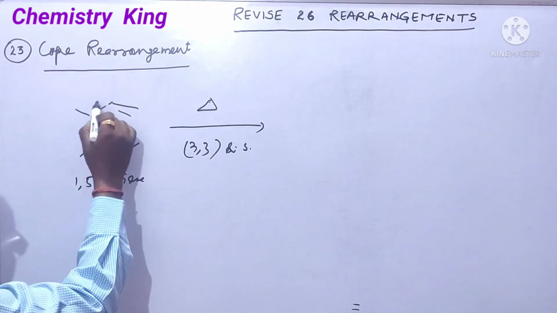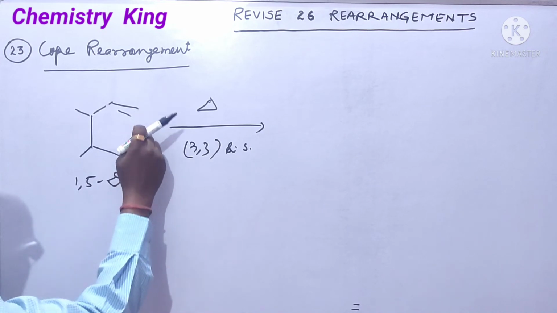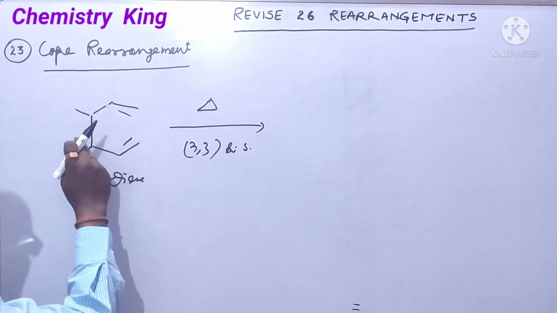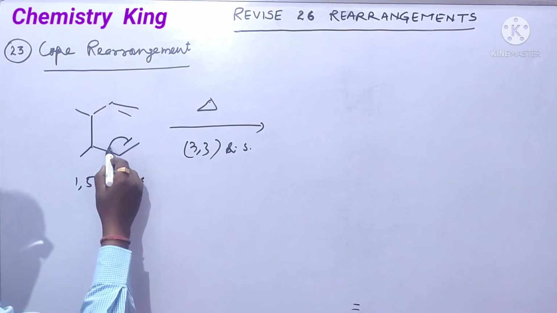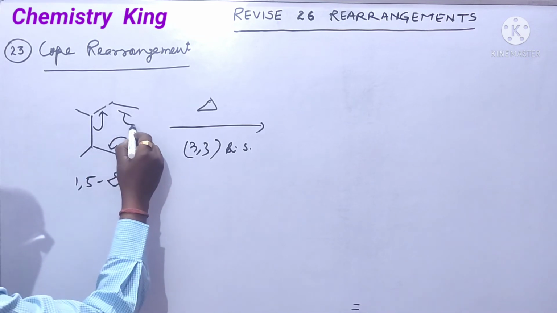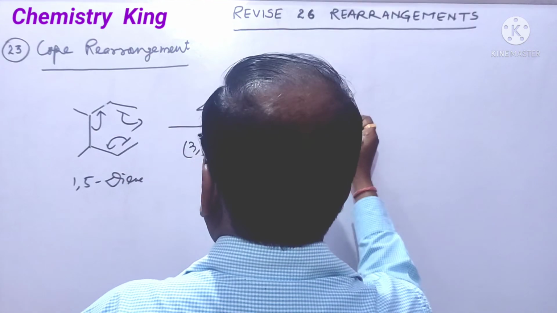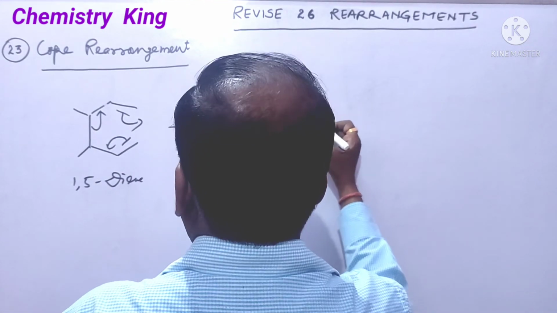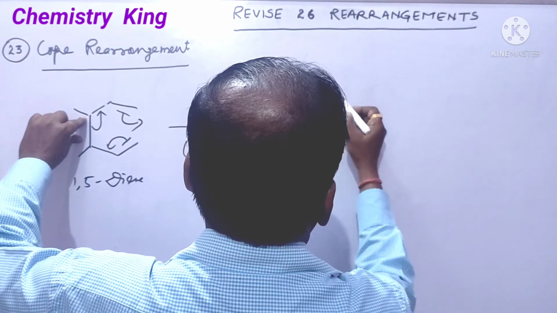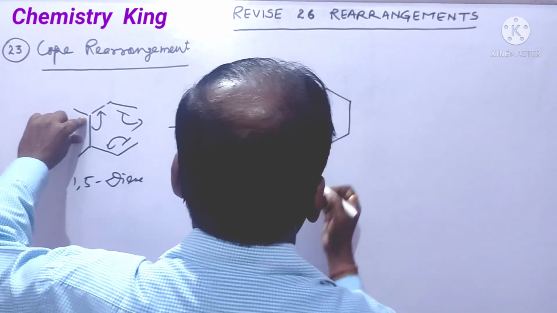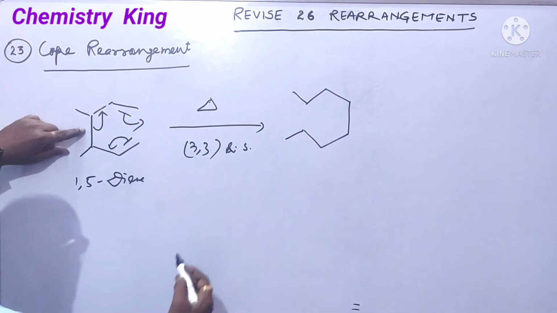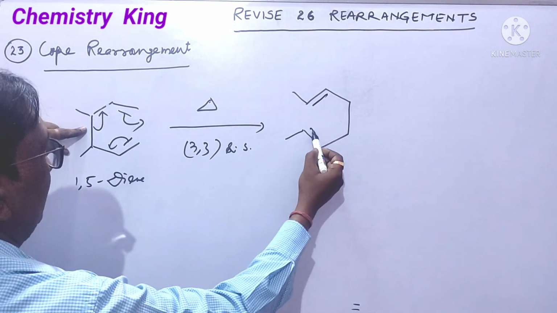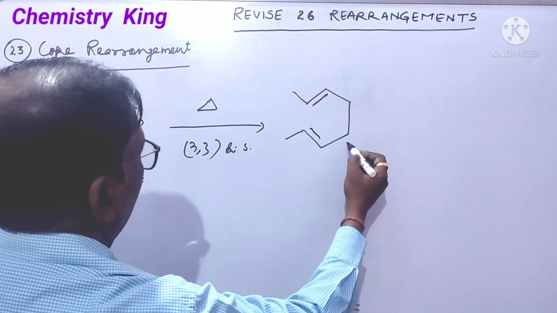Friends, it is 1, 2, 3 and 1, 2, 3. The 3,3 positions get attached here. This bond will break. It will come here, it will come here, it will come here, and you will get this bond cleaved. Methyl, okay. Double bond is here, double bond is here. This bond is formed.